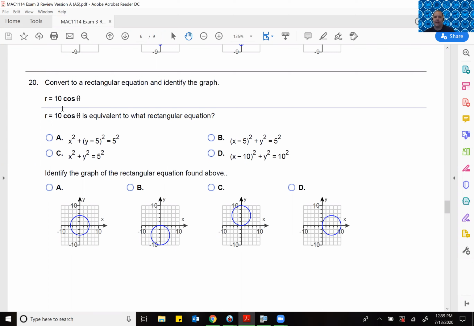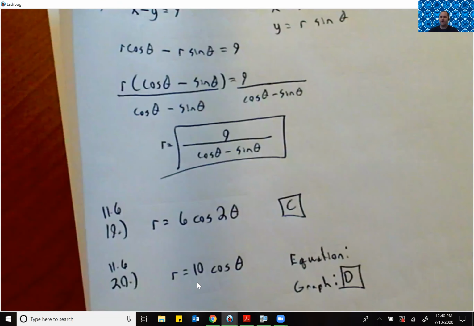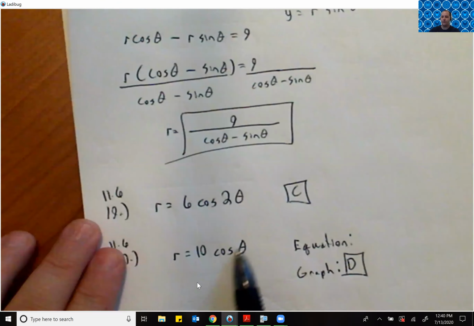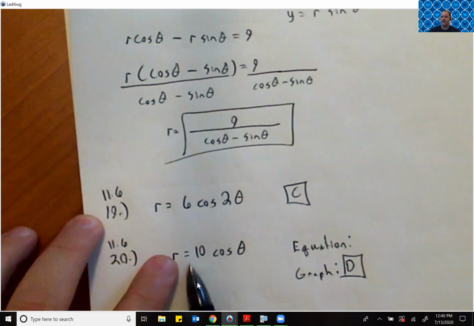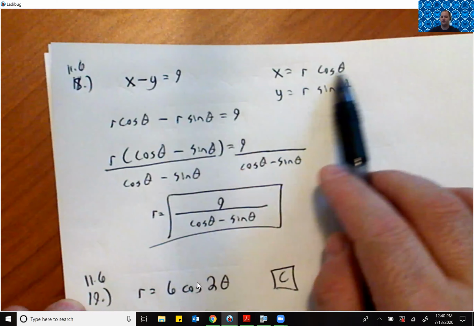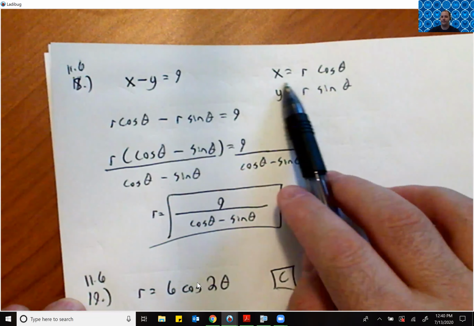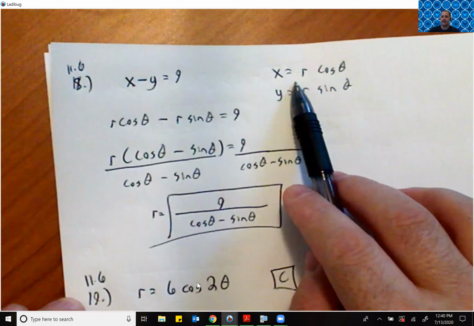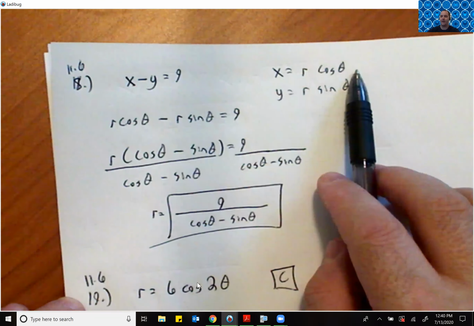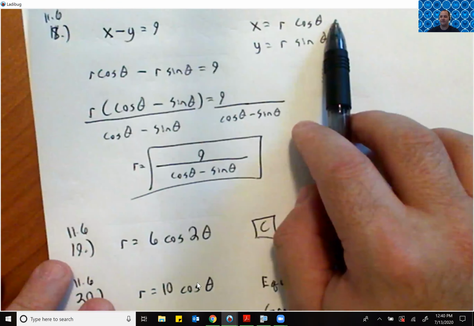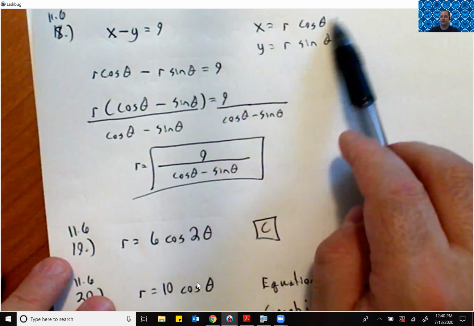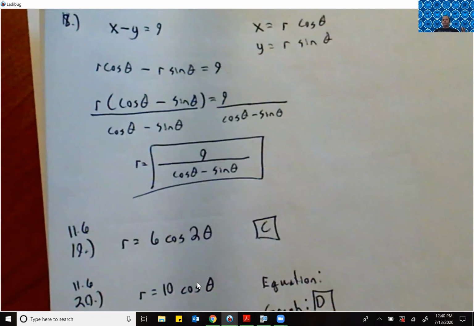For instance, this almost looks like this piece right there. It almost looks like that. So how can we get this and force it into here?